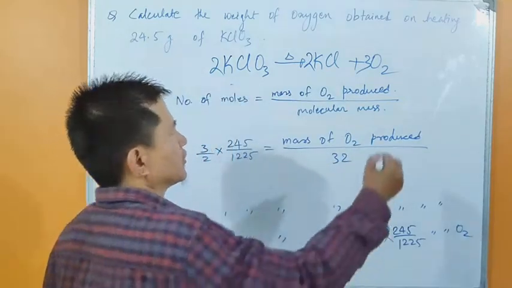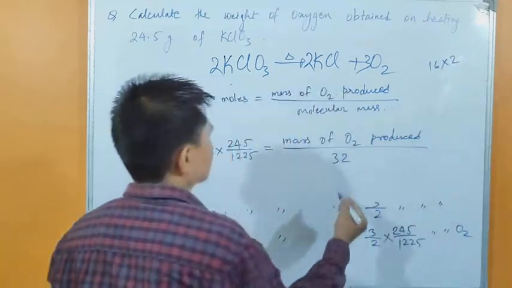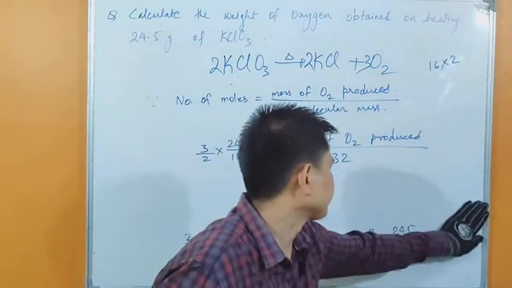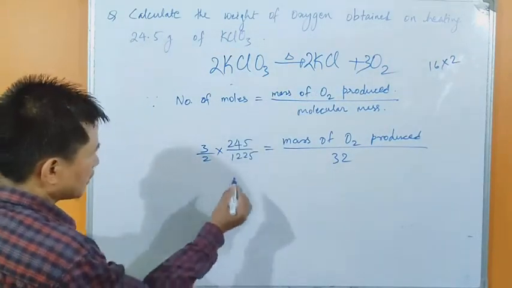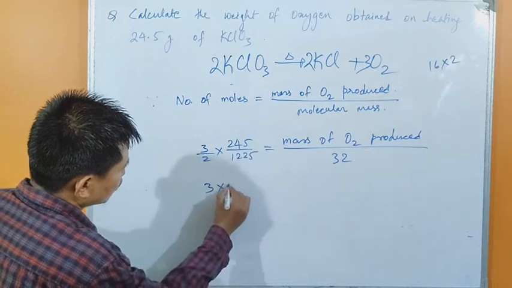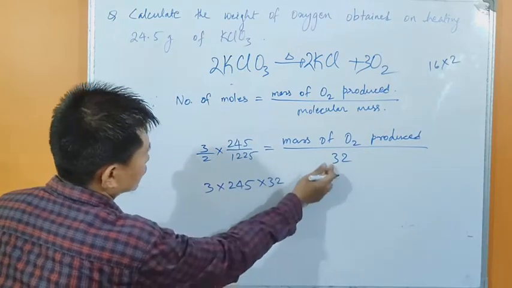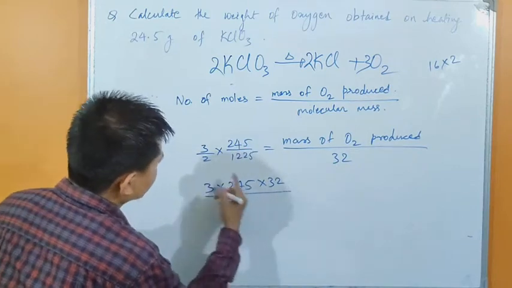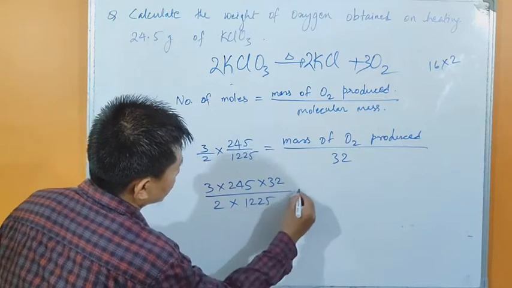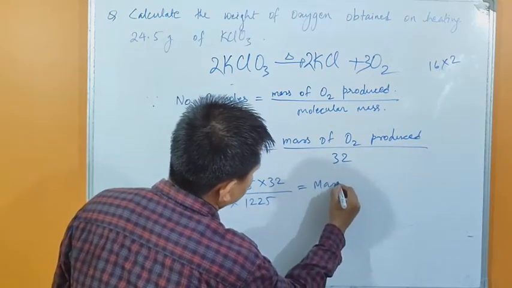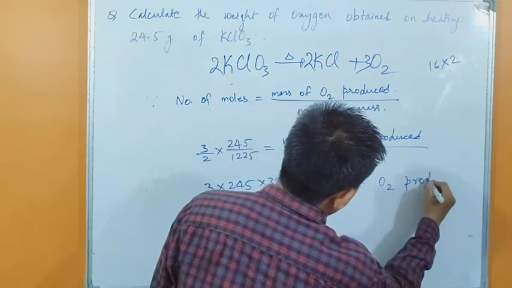We have seen this, isn't it? Atomic weight is 16 and molecular weight is 32. Now let us cross multiply this 32. 3 into 245 into 32 goes to the numerator, and in the denominator 2 into 1225 equals mass of O2 produced, isn't it?